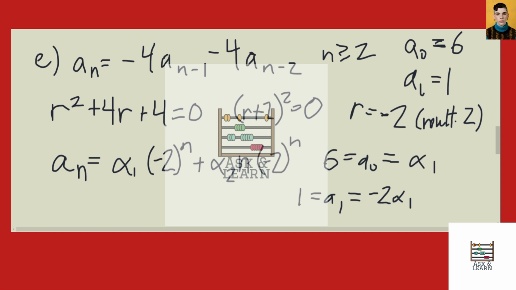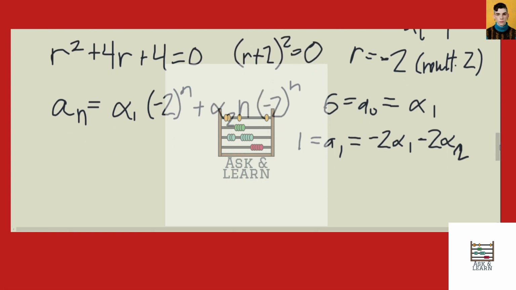and then minus 2 alpha 2. And using back substitution, we have that alpha 2 is equal to negative 1/2 of 1 plus 2 times alpha 1, which was 6.